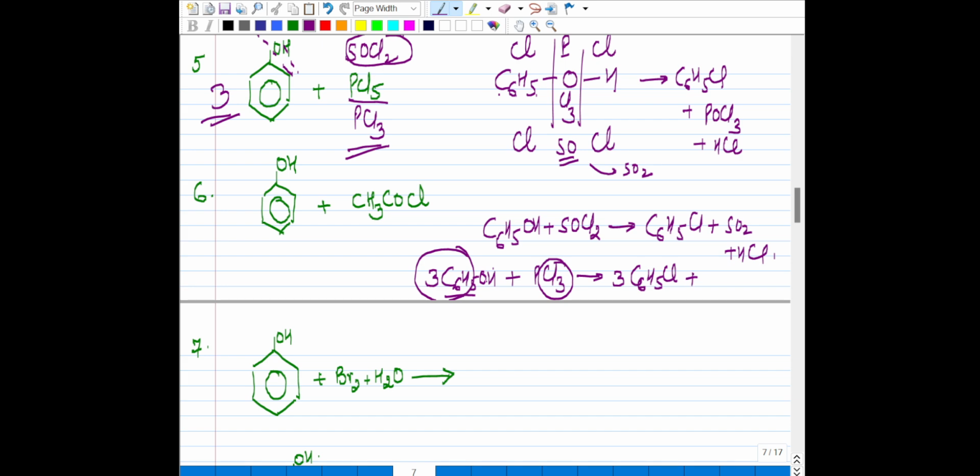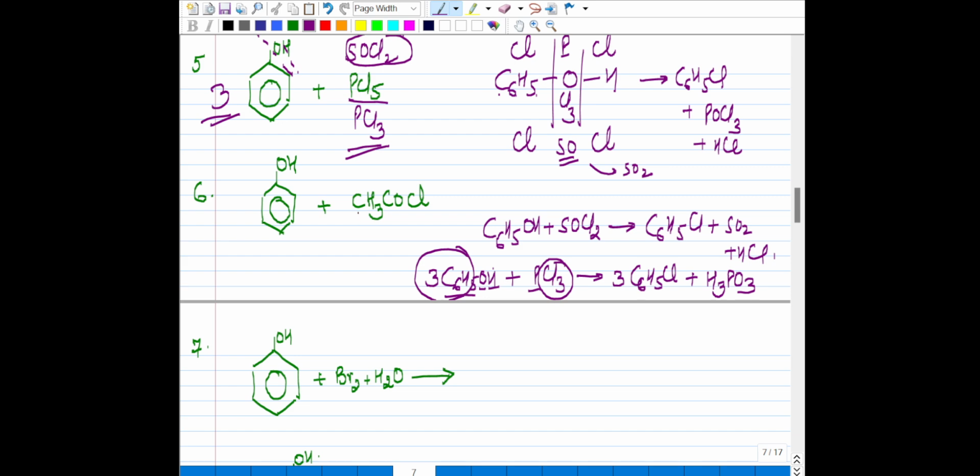Chlorobenzene. And what do you get? 3 oxygen, 3 hydrogen and 1 phosphorus. So H3PO3. Interesting?